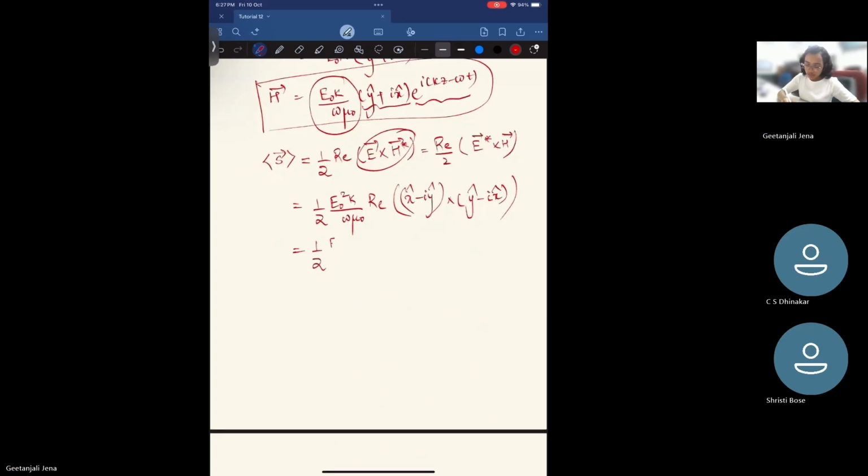So half E0 square k by omega mu naught, real part. When you solve it, you will get 2 z cap. That means this will be E0 square c by mu naught z cap, or E0 square epsilon naught c z cap.